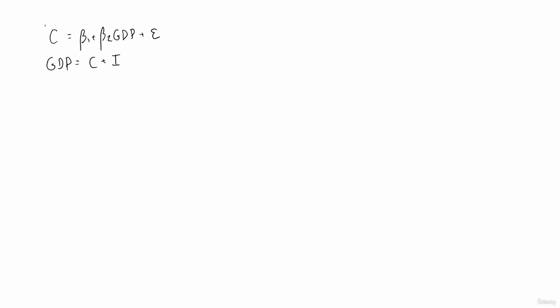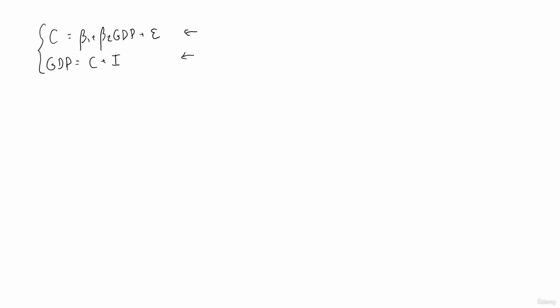Note that the first one is a linear regression model, while the second one is just an identity. This is just how GDP is determined. So there is no error term in the second equation, and that's not meant to be run using a regression model. It has no unknown parameters.